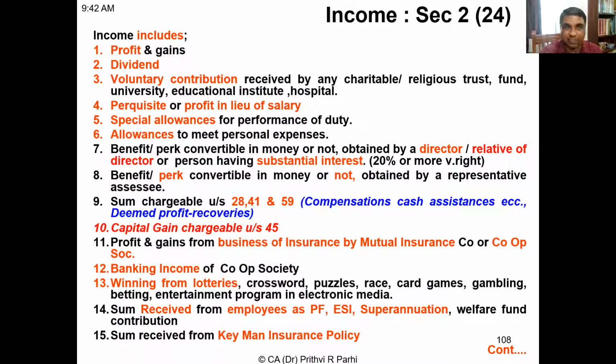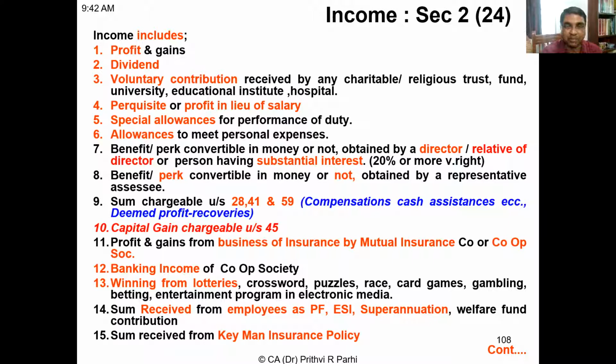If this kind of contribution is received by such institutions, it is income. It's a different story that the trust income might be exempted. He might have got an income tax exemption certificate from the authorities. In that case, the income may be exempt, but that is an income.